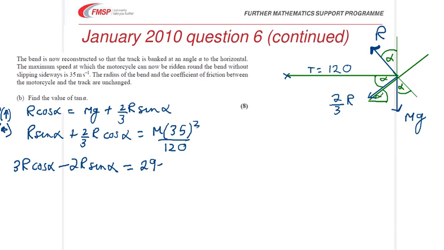I actually worked it out, so it doesn't have as many letters to worry about. And underneath that, 3R sine alpha plus 2R cos alpha. These are the same equations, I've just multiplied through by 3 and worked out some of the terms, equals, oh, there's an m, the 29.4 m, and this one works out as 30.625 m.